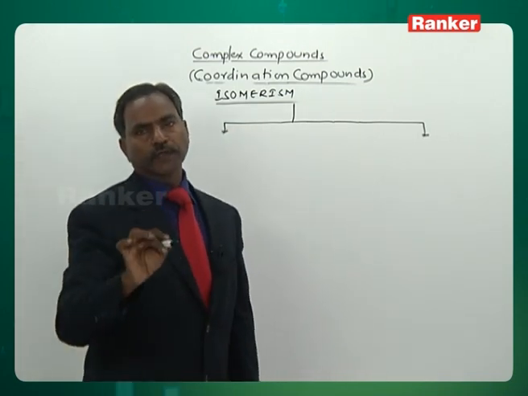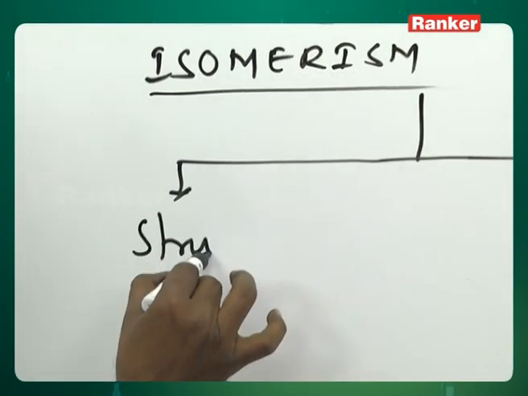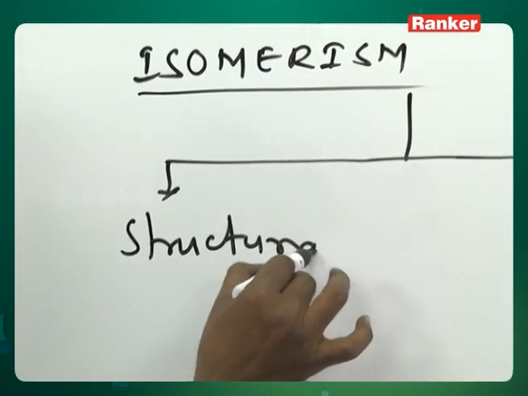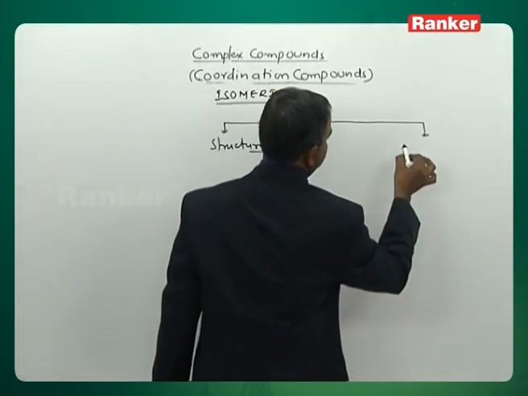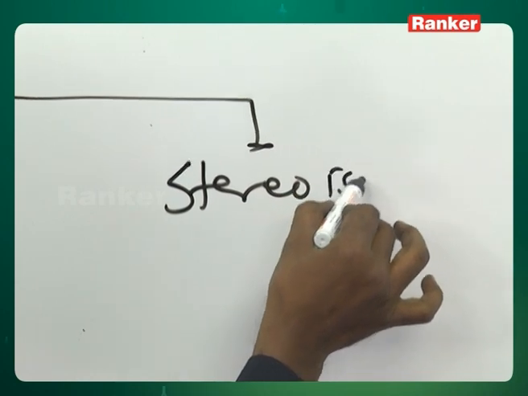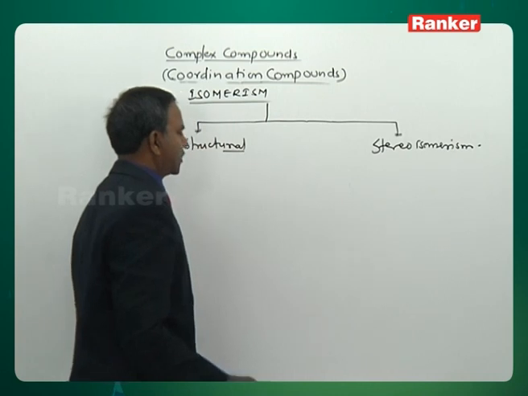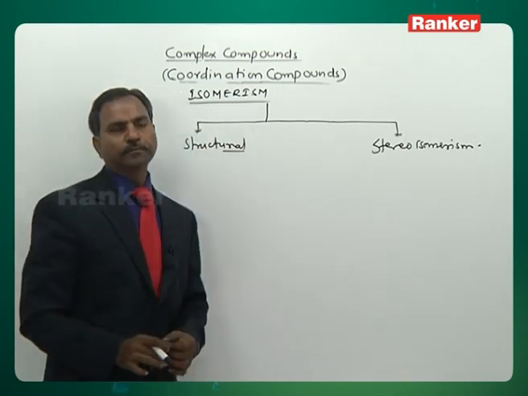One is structural isomerism, and the second one is stereoisomerism.